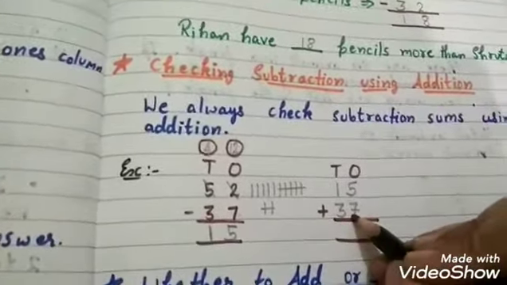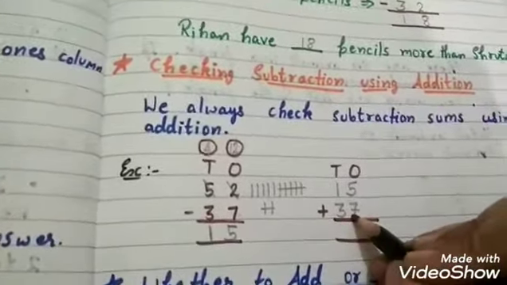Tell me. 1, 2, 3, 4, 5, 6, 7 and 5 more. 1, 2, 3, 4 and 5. How many? 12. So we will write 2 downwards and 1 carry. 3 plus 1 is 4 and 1 is 5. See this, 52 and 52. If it matches, means our answer is correct.